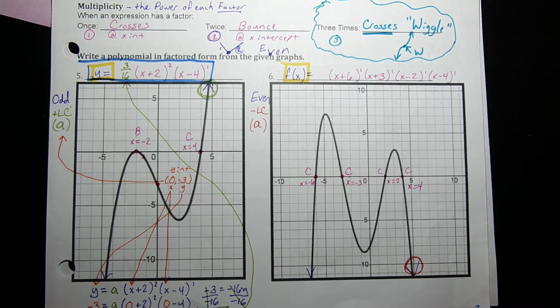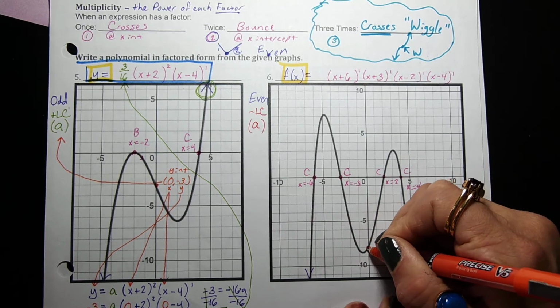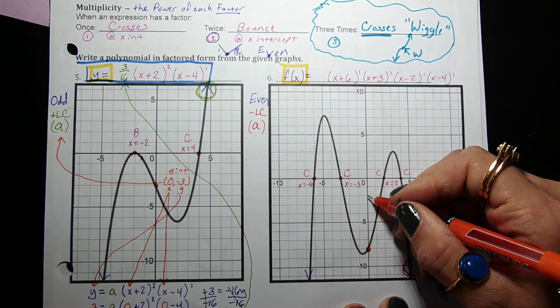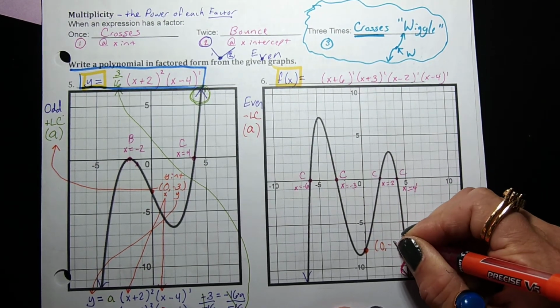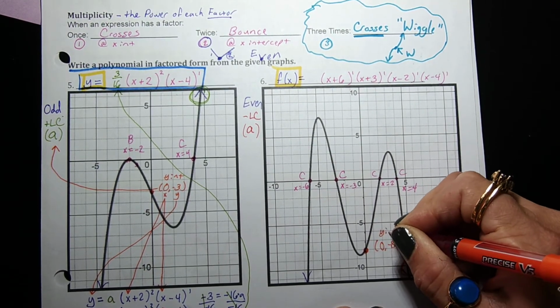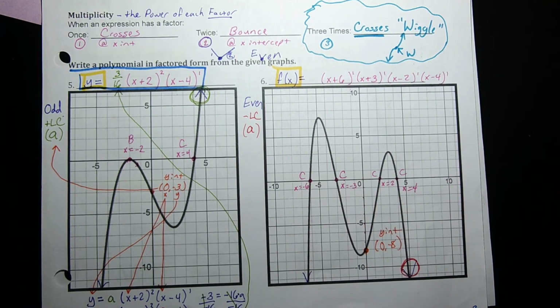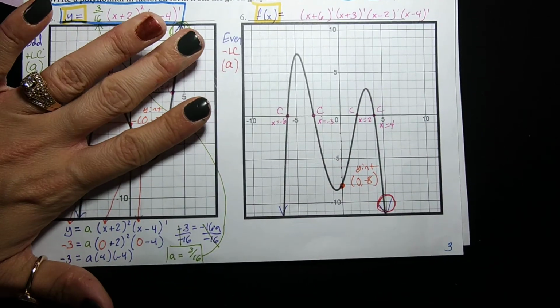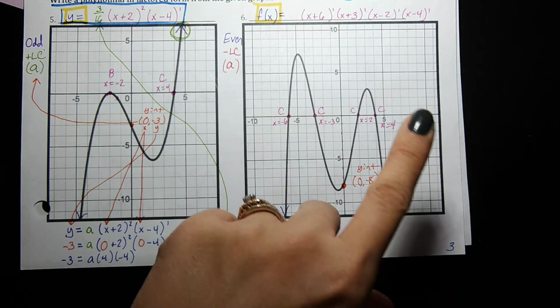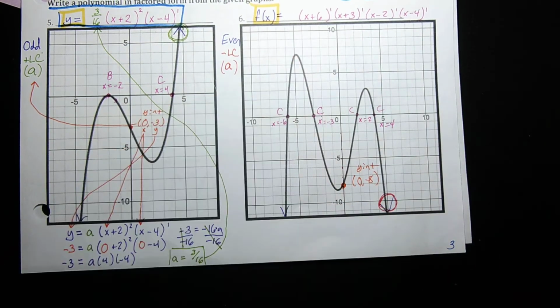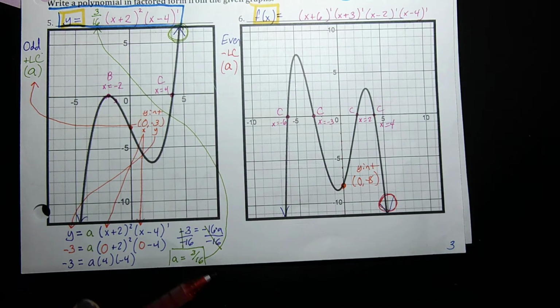What's the last exact point? This one. 1, 2, 3, 4, 5, 6, 7, 8. 0, negative 8. That's the y-intercept. So now, the y-intercept is an exact point on our graph that's going to help us figure out our a value, or our leading coefficient.